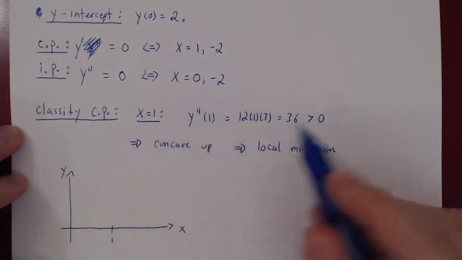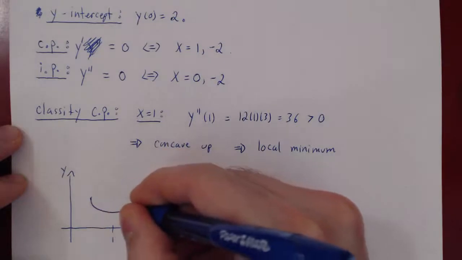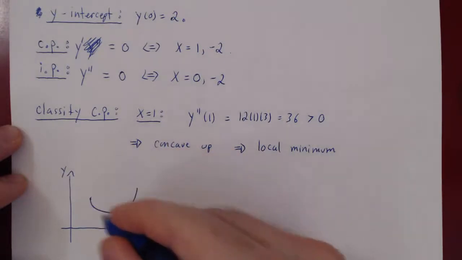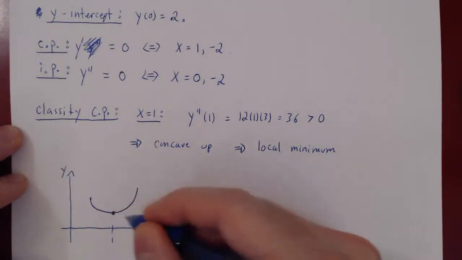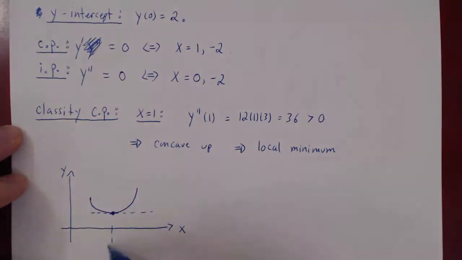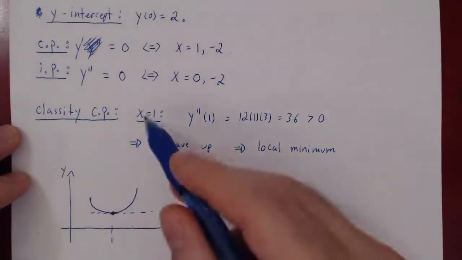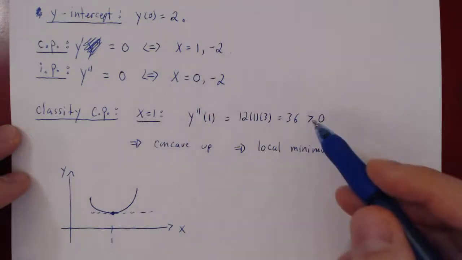And because it is concave up, it will look something like this. Concave up, and the derivative is 0 at 1, and so the tangent line is horizontal. And so at x equals 1, the curve will have a local minimum. So we were able to classify our first critical point with the second derivative.